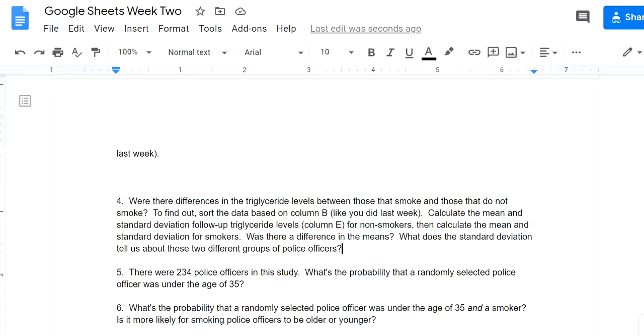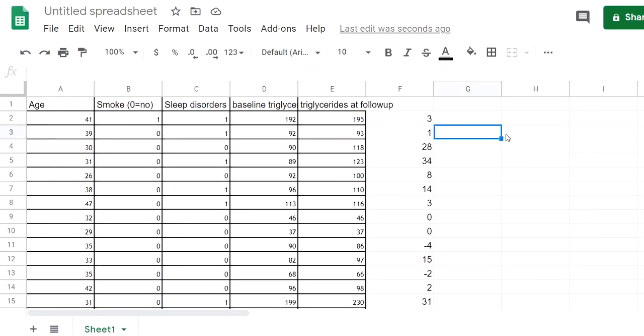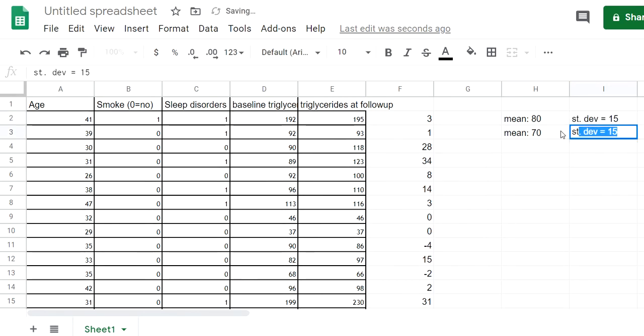Okay, so like one thing I'd be looking out for is, let's say there's a mean for smokers was 80, and then the mean for non-smokers was 70, and the standard deviation here was 15. The standard deviation here was 20.